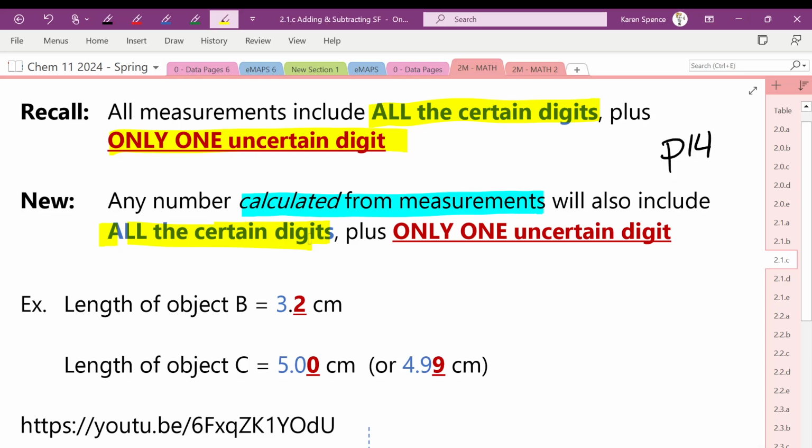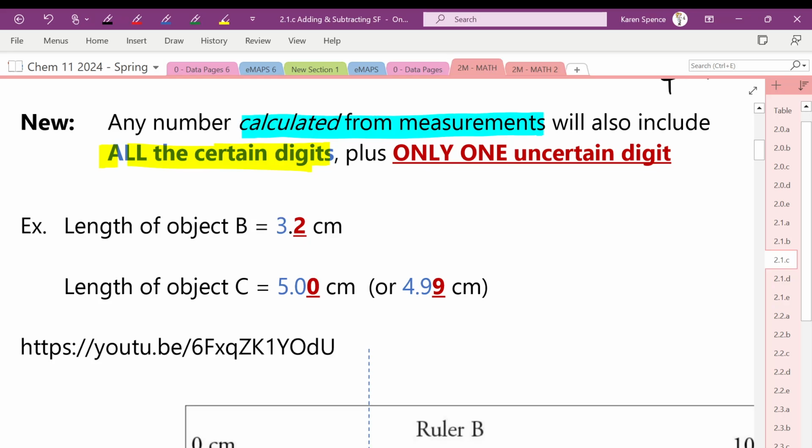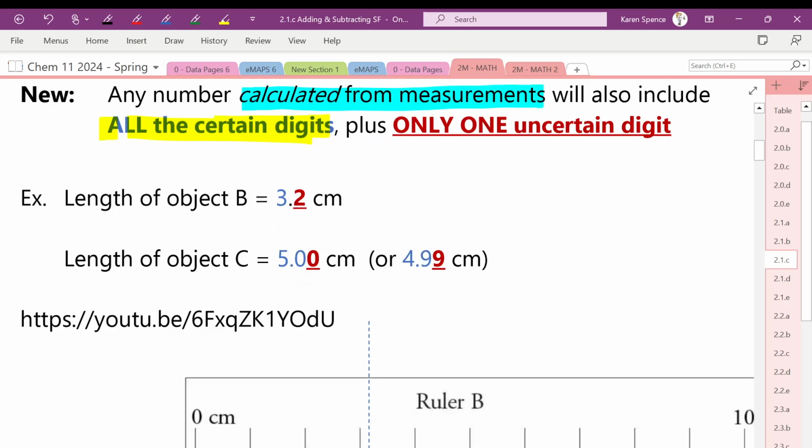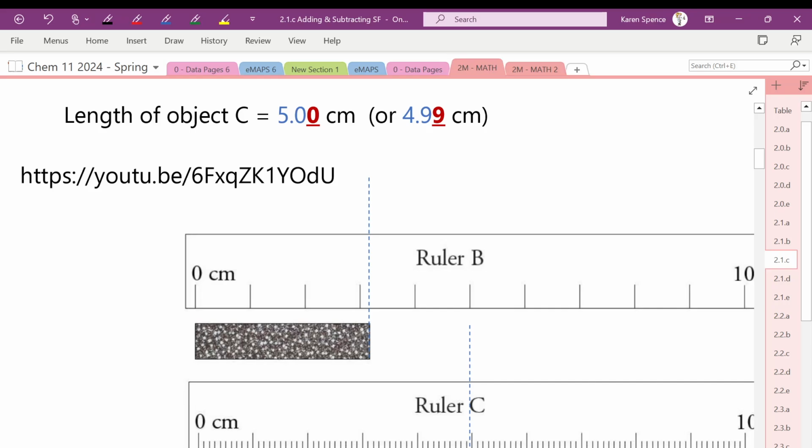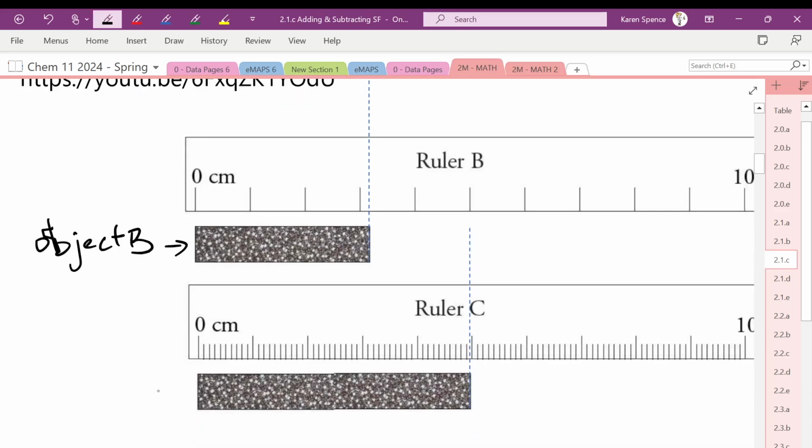For example, we have a length of object B, which is 3.2 centimeters. Here is ruler B. Here is object B. Here is object C.